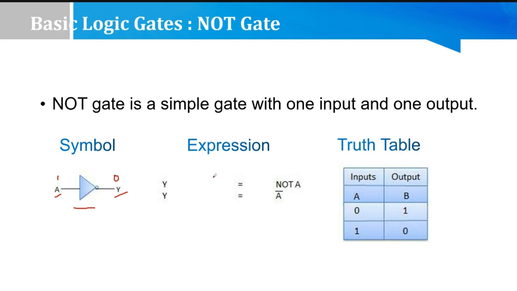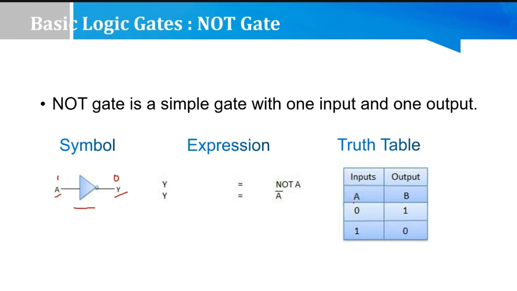Here you can see the truth table. The truth table has the inputs and the outputs. It has all possible conditions of inputs and outputs. If you have one input, the possible conditions are either 0 or 1, and with respect to that it provides the output.